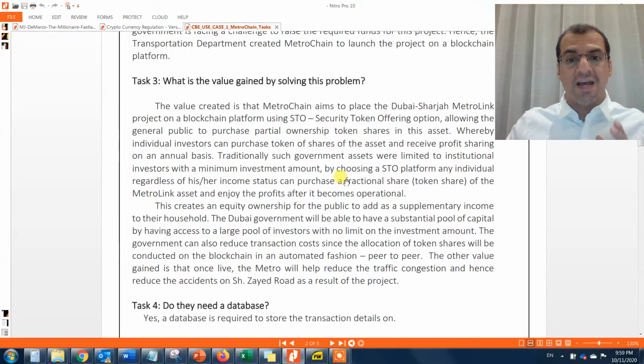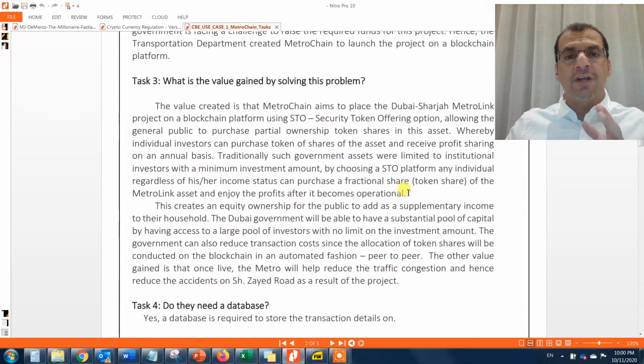Traditionally, such government assets were limited to institutional investors and a minimum investment amount. By choosing an STO platform, any individual, regardless of his or her income status, can purchase a fractional share, a token share of the MetroLink asset and enjoy the profits after it becomes operational.